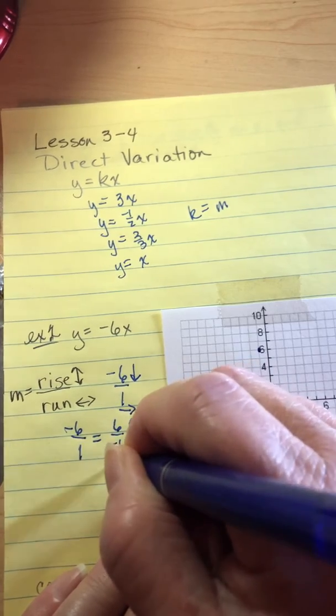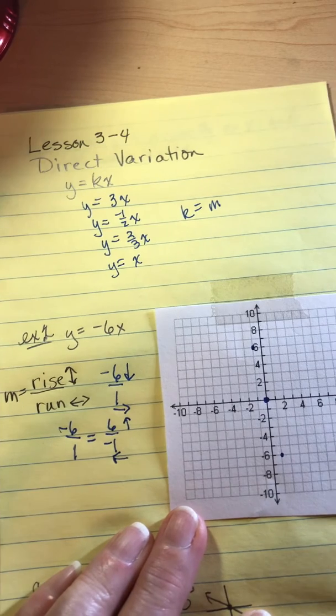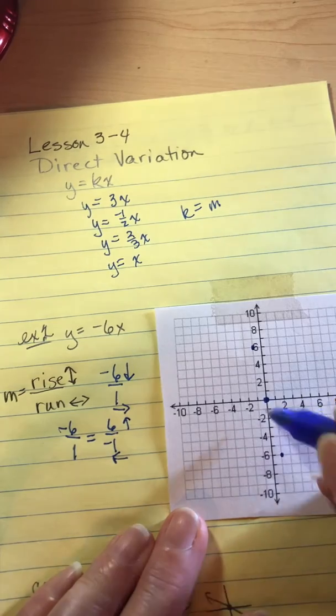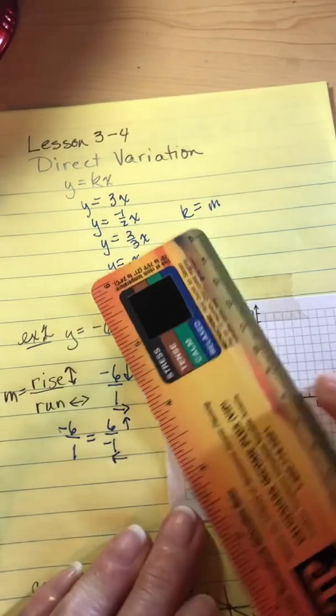Now, the significance of this, you might not think it's a whole lot. But later on, you need that flexibility. Sometimes your graph doesn't go down 6 more because you really should have 1 on either side of the origin. And look, I found a ruler.